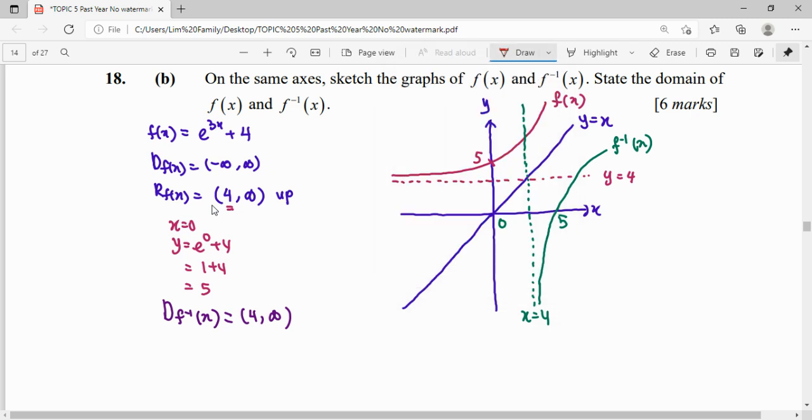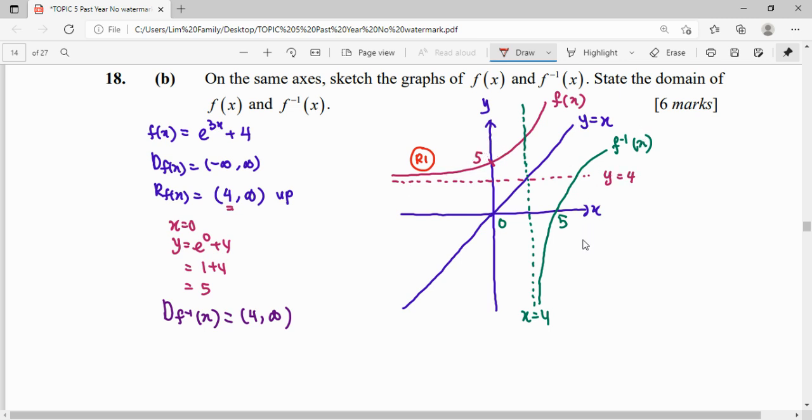Now we go for our graphing. The first mark is marking on our original function, looking at your graph: intercept at 5, asymptote at 4.